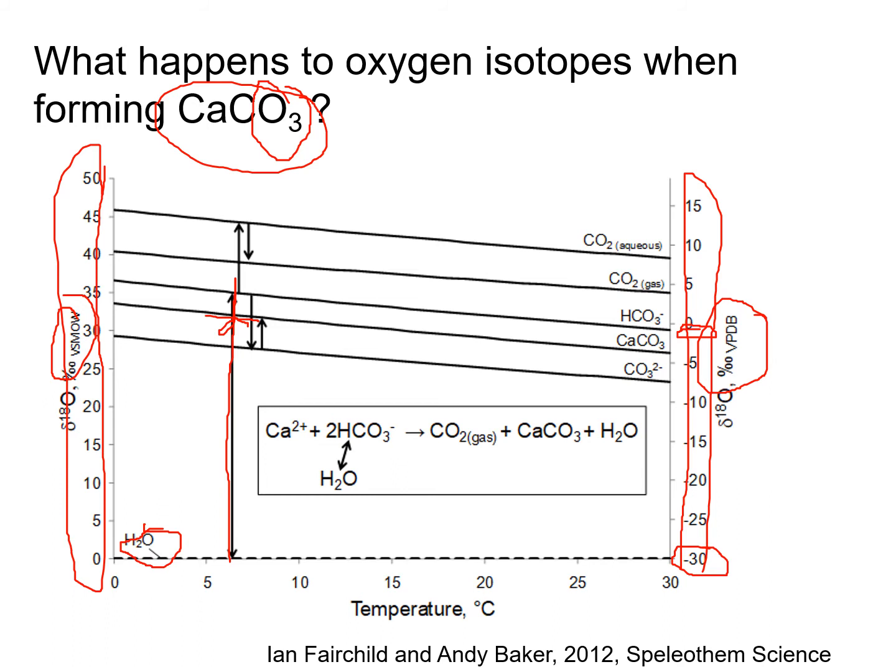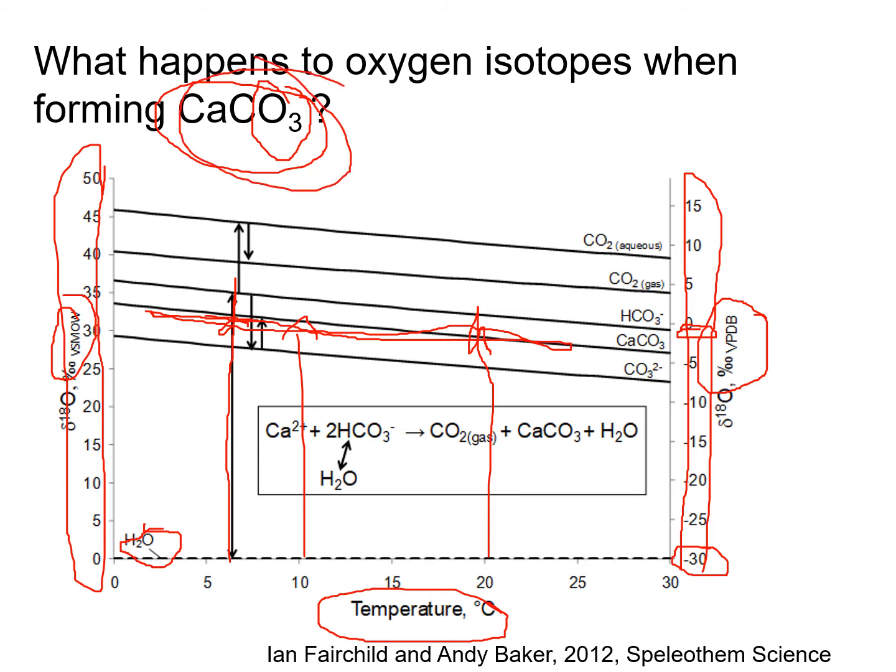And the third thing is that you see there's a temperature relationship on these lines. So the composition of the carbonate will vary depending on the temperature. So at 10 degrees, it would have a composition that's here, but at 20 degrees, it would have a composition that's slightly more negative. So maybe we can get records of past temperature from the composition of the oxygen 18 in carbonate from shells that were formed in the past.